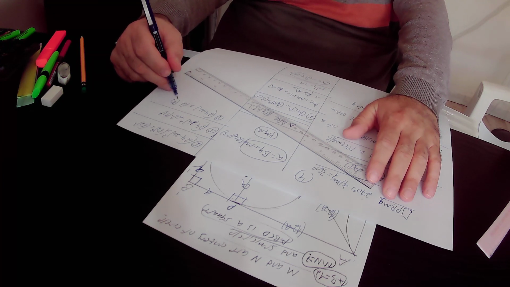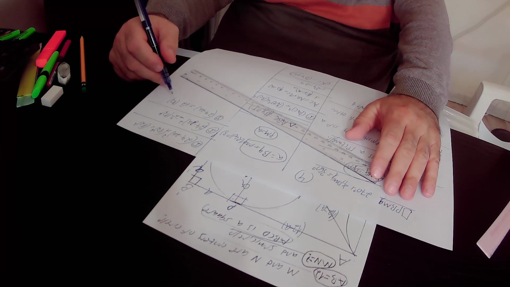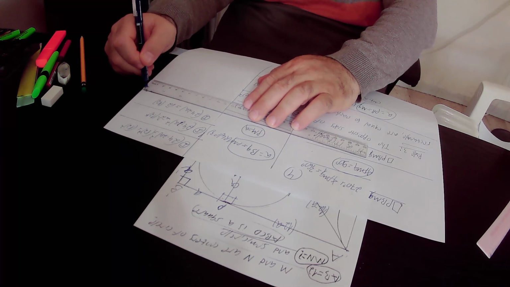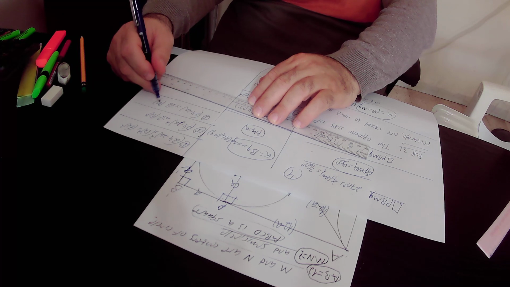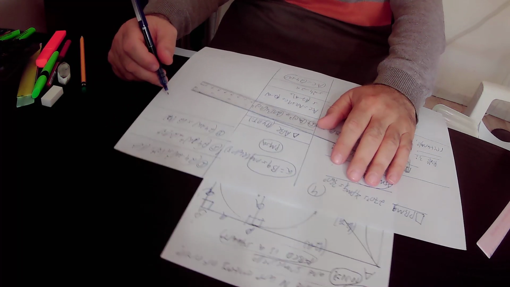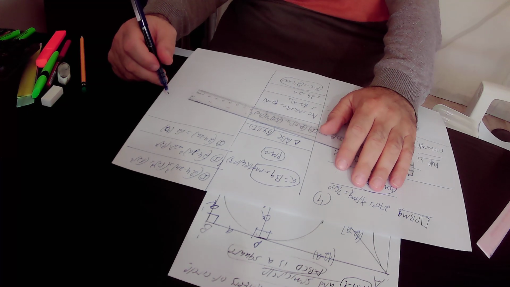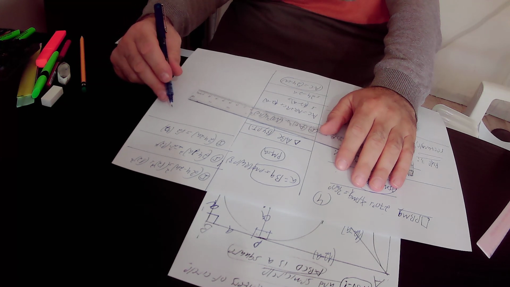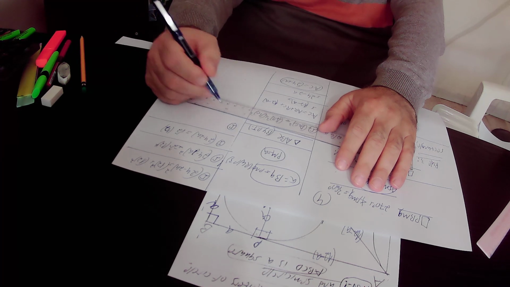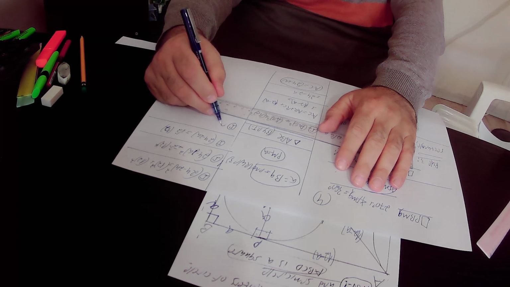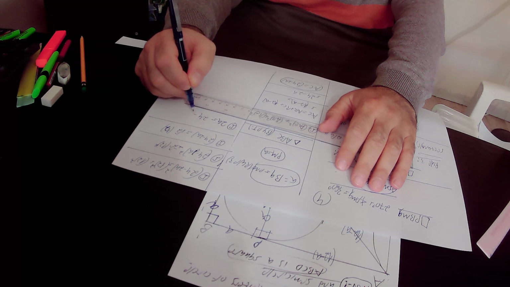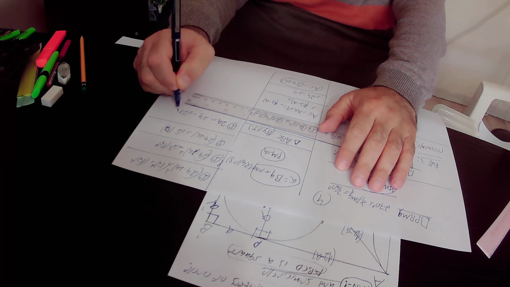So in conclusion, 24 minus 2A equals 12 times the square root of 2. Here we will add 2A to this equation and subtract 12 times the square root of 2, and we will get that 2A equals 24 minus 12 times the square root of 2.